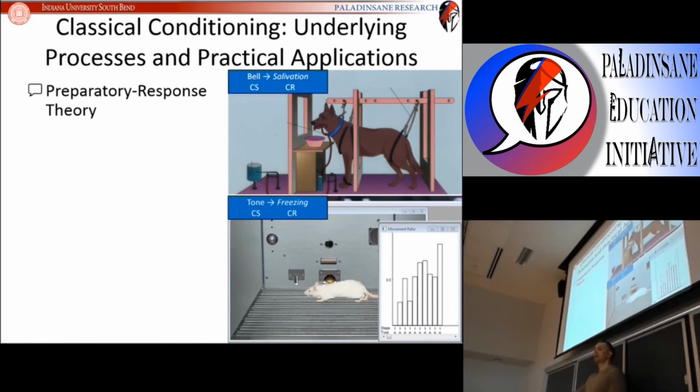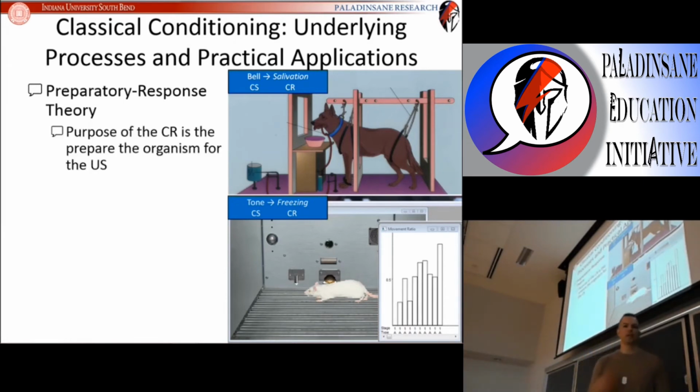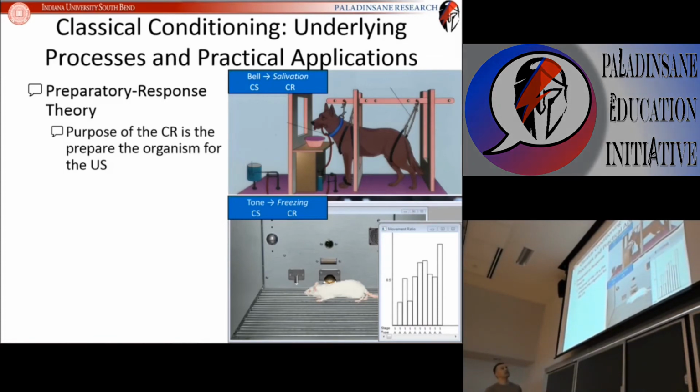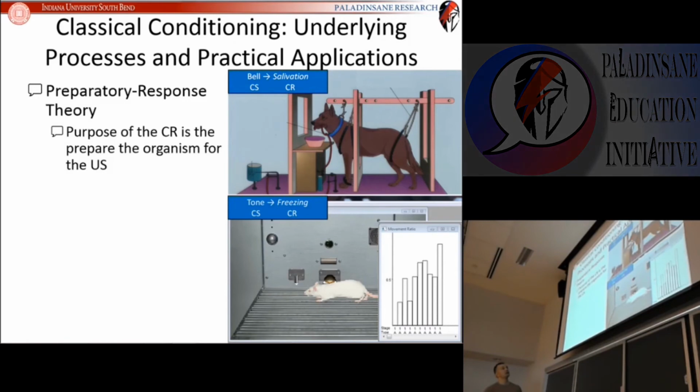Your conditioned stimulus is predicting that unconditioned stimulus, and therefore can get you ready. And this is the basis of the preparatory response theory. So the preparatory response theory says that your conditioned response is getting you ready for your unconditioned stimulus. So this helps us to explain why sometimes it's the same and sometimes it's different.